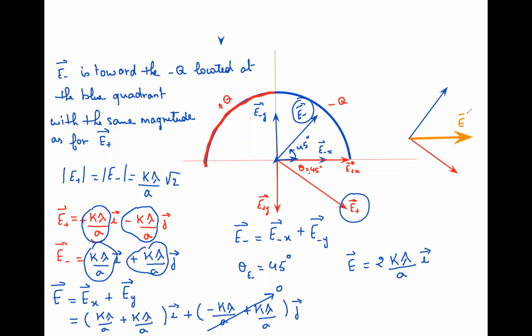Here we have E minus, here we have E plus, and E total is in the X direction with angle equal to 0. Theta for E equal tangent minus 1 of the Y component divided by the X component, equal to 0 degree. This is the total electric field created by the negative and the positive quadrants.